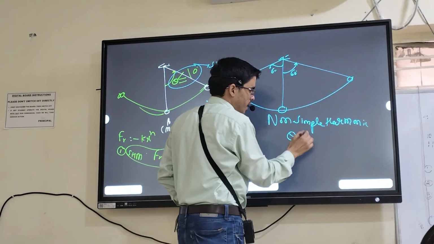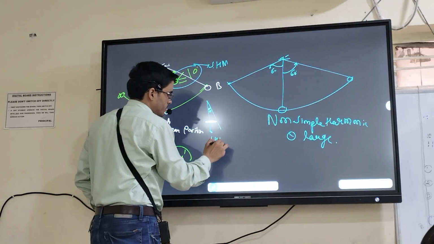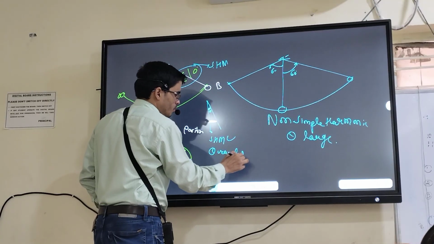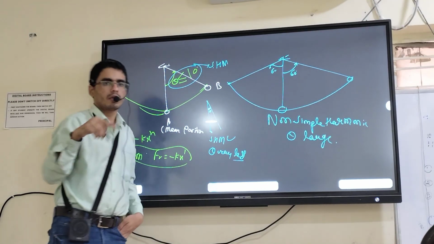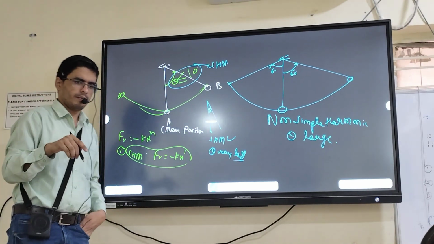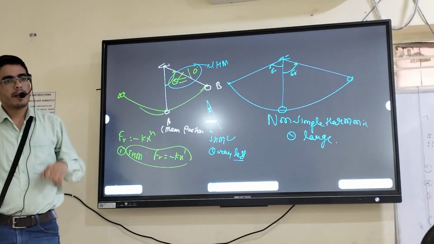And that is simple because theta is very less. I think you got all clarity here. Got all clarity now?